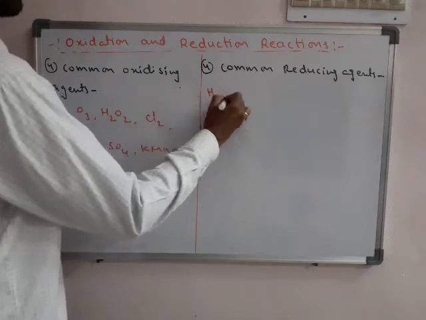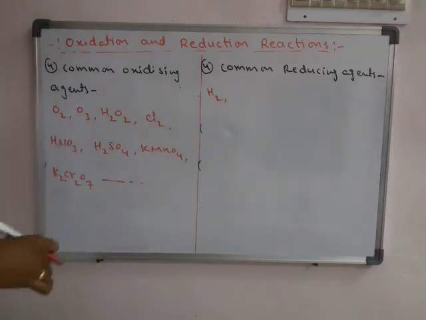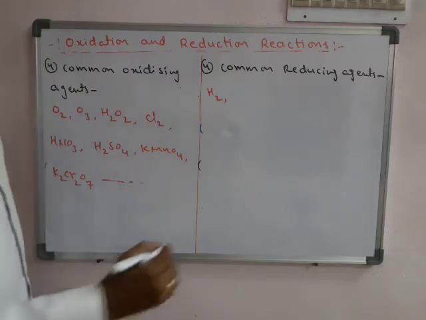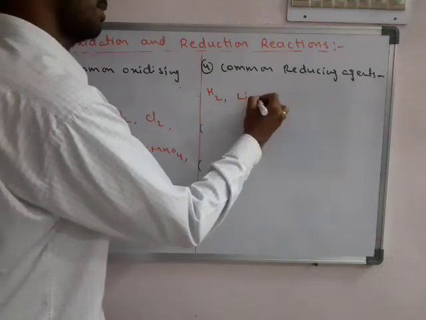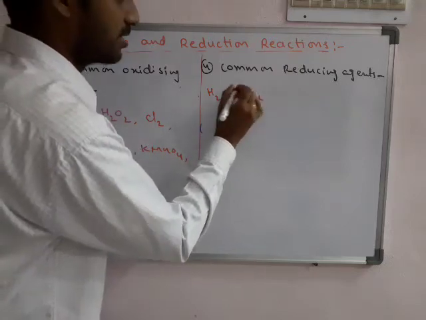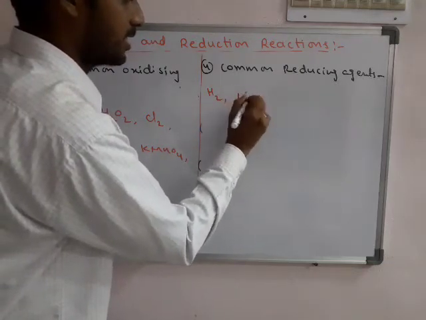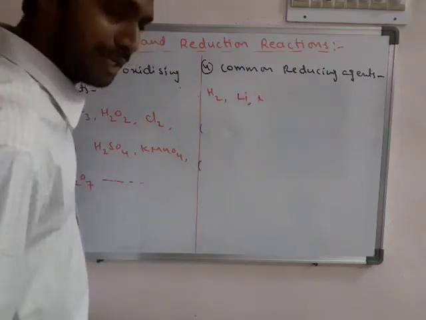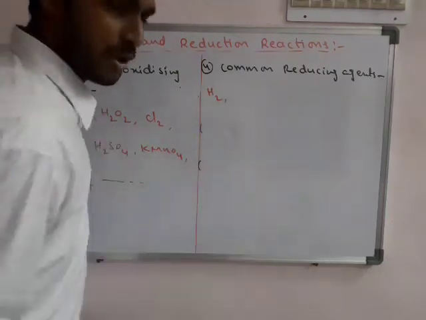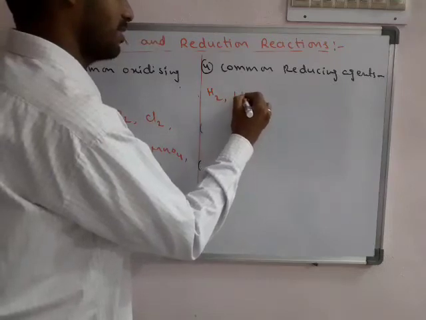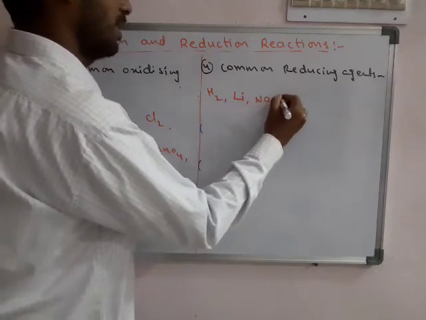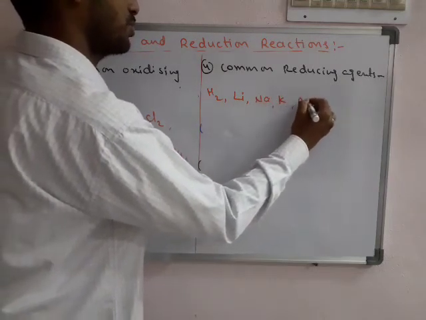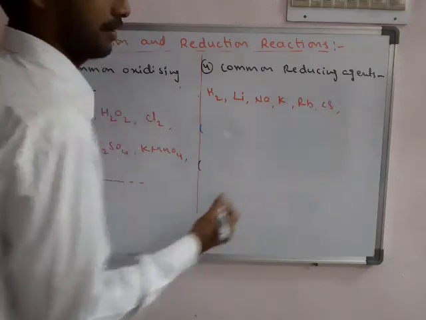Hydrogen is a non-metal, but it works as a good reducing agent. And active metals, like lithium. Actually, lithium is the strongest reducing agent among all elements, even among all group 1A elements: lithium, sodium, potassium, rubidium, cesium.